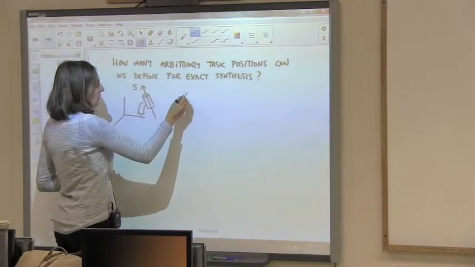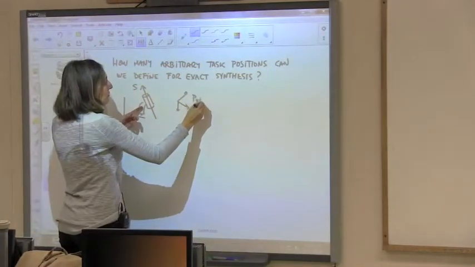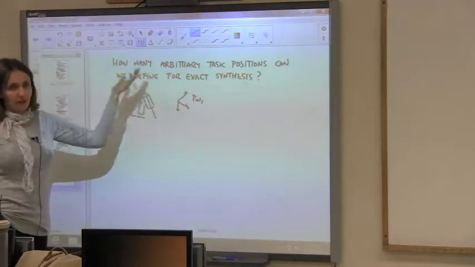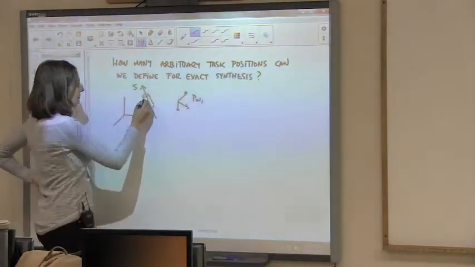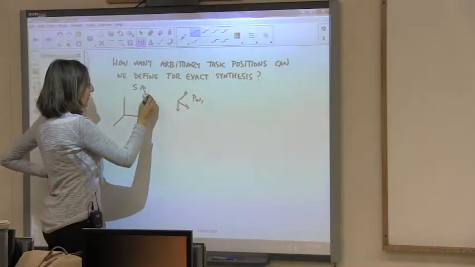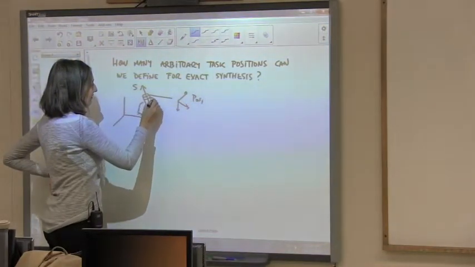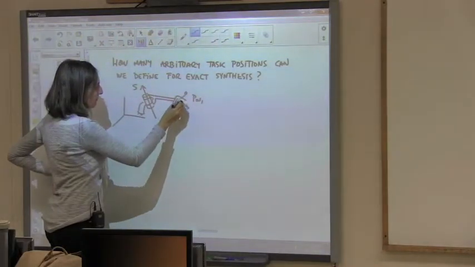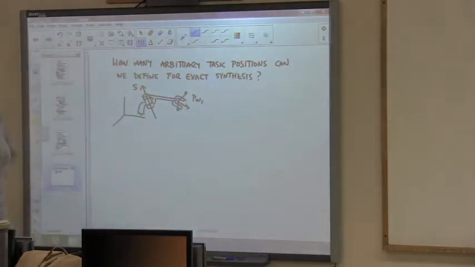I want this robot to pass through this position. So the one is easy because you make the end effector, from here on, you just make this link going there, with the orientation that you need. And there is the one. So one is always easy. You can always reach one position by just locating your robot there.